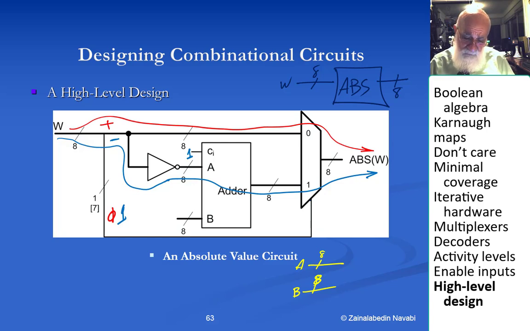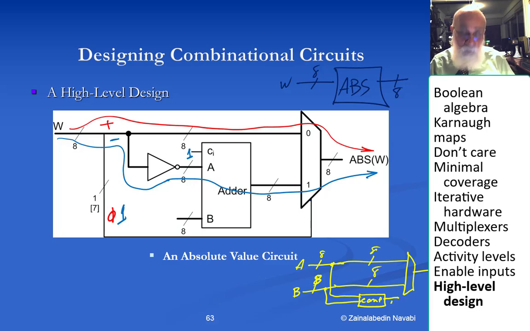You take a comparator on A and B. If this is 1, A is greater than B, so you take a 2-to-1, 8-bit multiplexer. If this is 1, you want A to go to the output. Usually the select is 0 for the first input, so you complement this. This becomes a max finder.